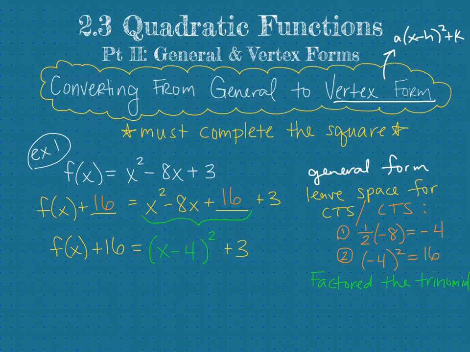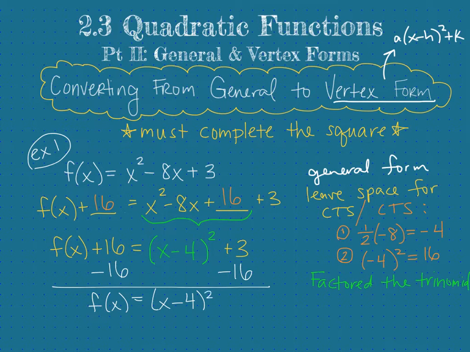We're really close. I just need f of x by itself. So to do that, I'm going to subtract 16. And we'll do that in white at the end. So we have f of x equals x minus 4 quantity squared minus 13.